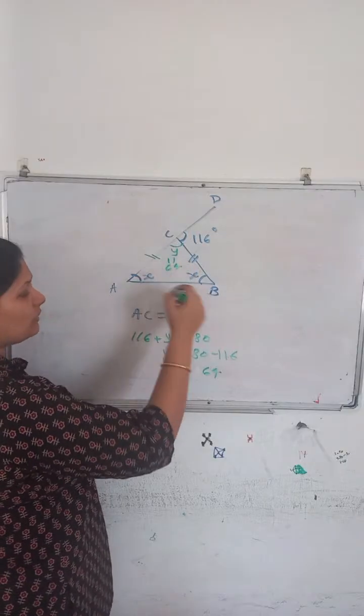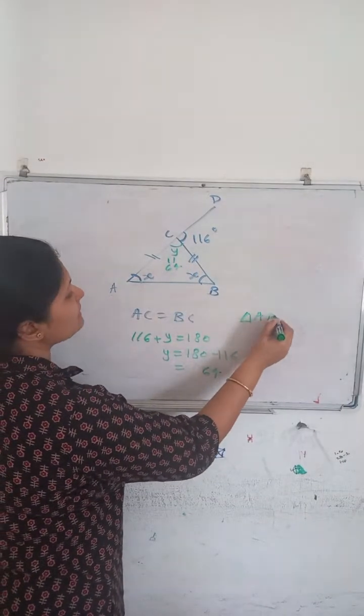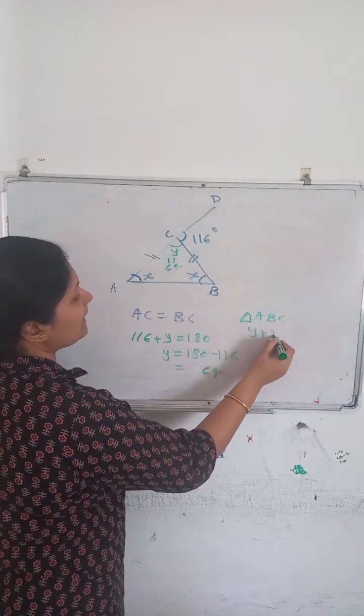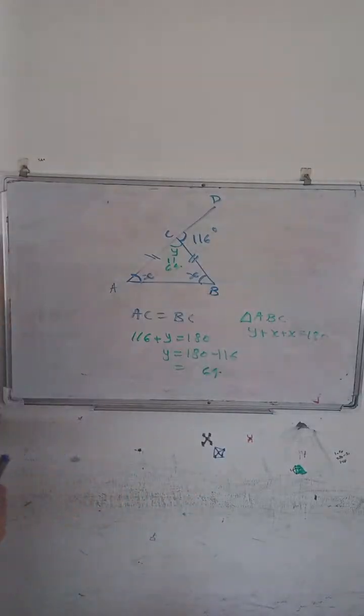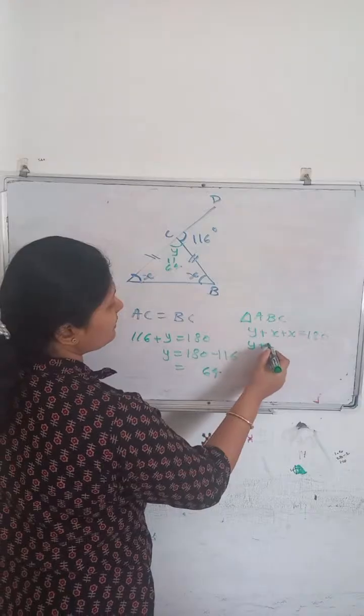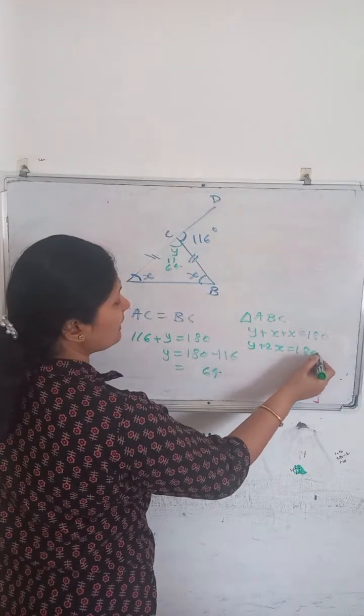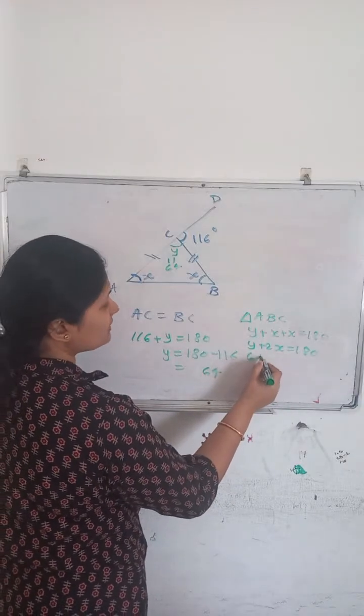Now if you consider triangle ABC, then we can add y plus x plus x is equal to 180 because triangle angle sum is 180, no? So y plus 2x is equal to 180. y we already got as 64.